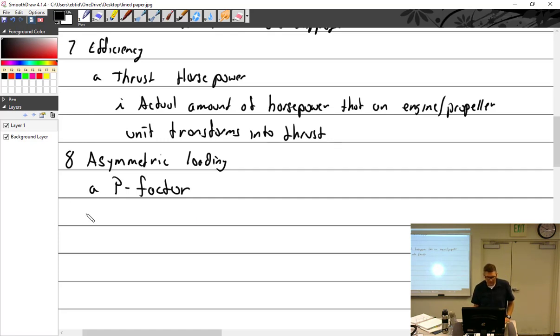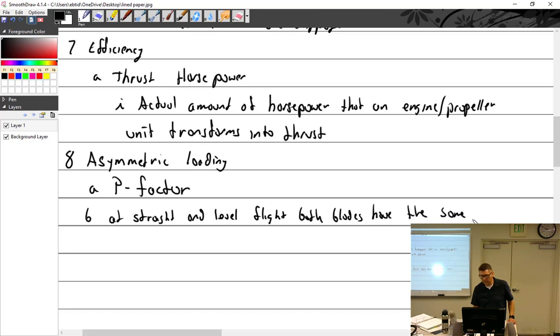Okay, P factor. At straight and level flight, both blades, or all blades, I'm assuming it's a two-bladed, both blades have the same angle of attack.